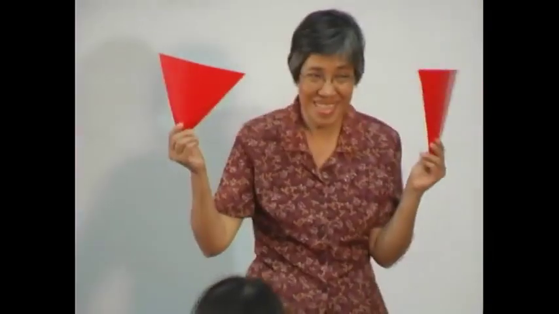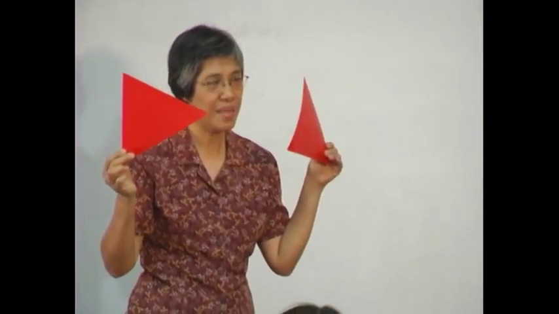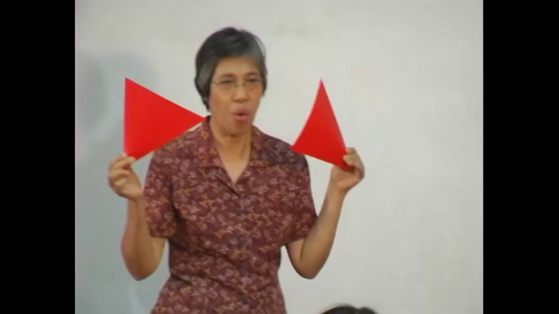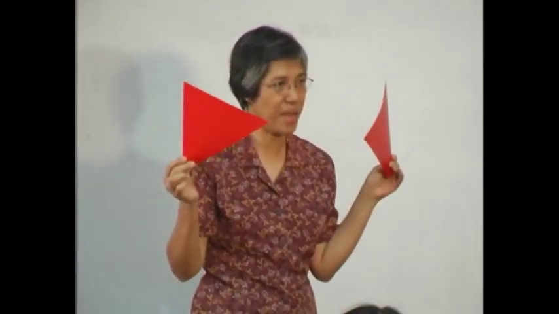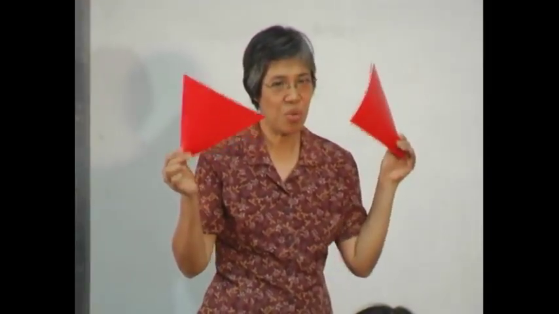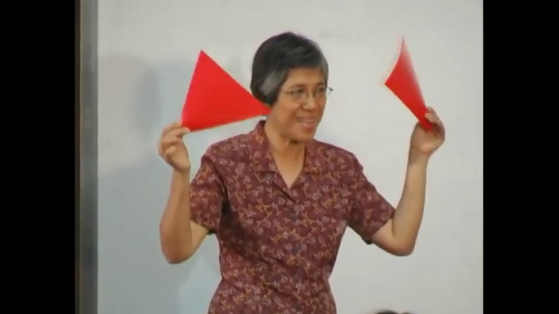The question is, do we need to satisfy all those conditions for two triangles to be congruent? Suppose I have this and this. Should I see to it that all of those 6 are satisfied before I can conclude that these two triangles are congruent? No.